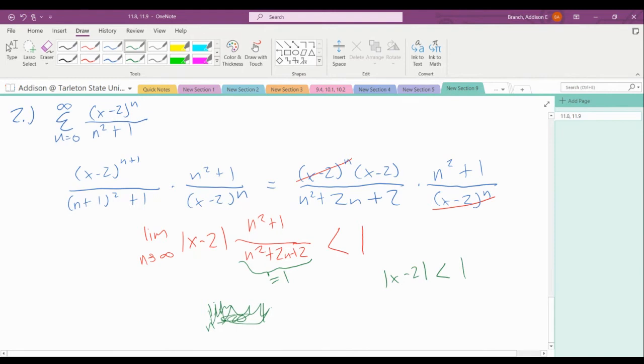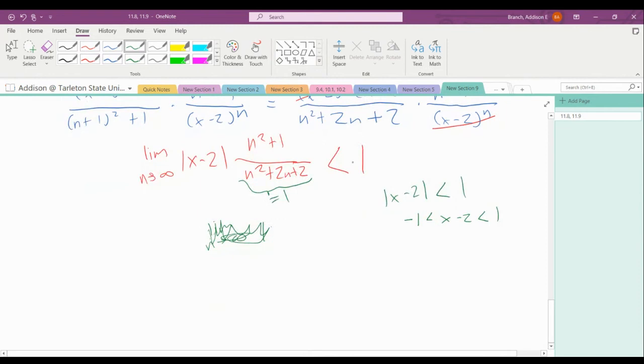So now we have the absolute value over there. To get rid of it and solve this inequality, we can say that negative 1 is less than or equal to x minus 2, which is less than or equal to 1. Essentially we just put a negative in front of this number to get rid of the absolute value.